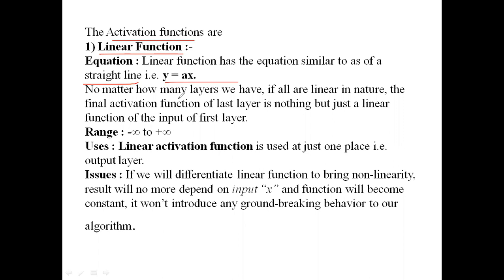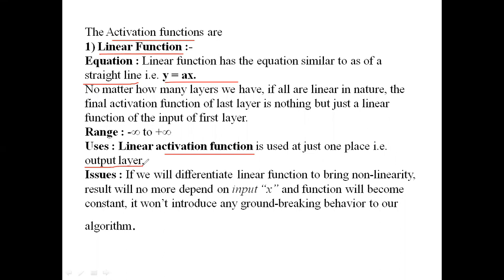But instead of doing that, you are going to add this activation function at the place of the output layer. Don't add it at the input layer and don't add it at the hidden layer.